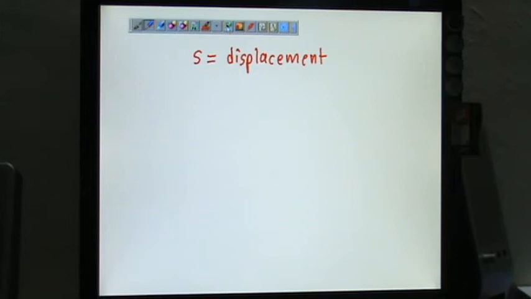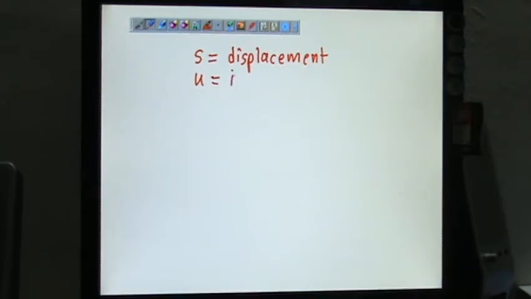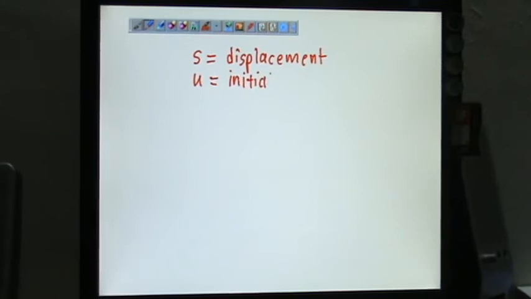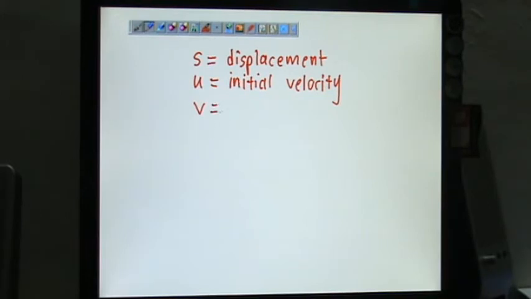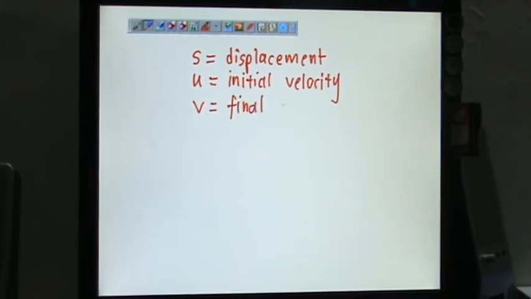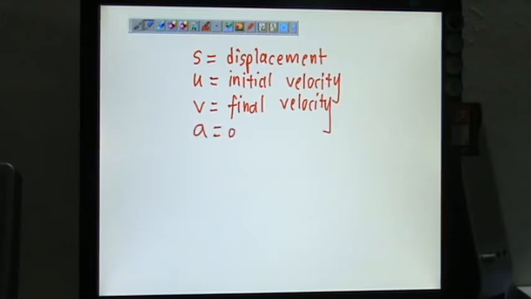And then you also have u equals initial velocity, and v as your final velocity, and then a is your acceleration and t is your time. If you look at this, the arrow gives us an acronym called SUVAT.